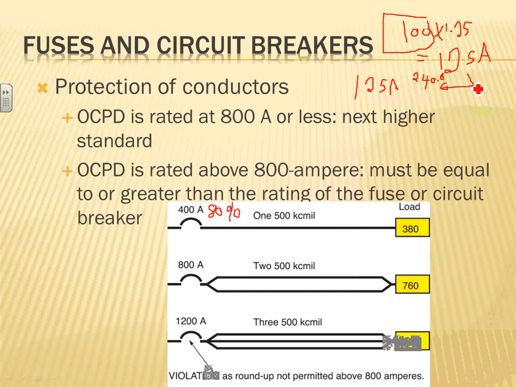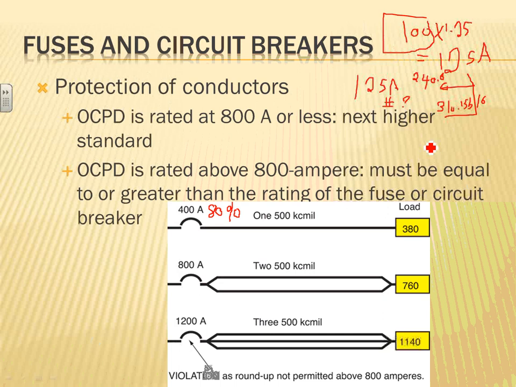And then you go from here to 310.16, and whatever that would be, a number 2, say, under 75. And then you will size your conductor for whatever the conductor would be based on the 125.